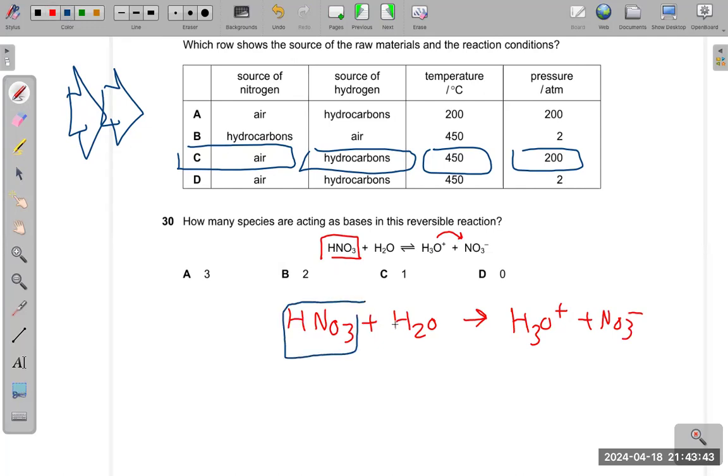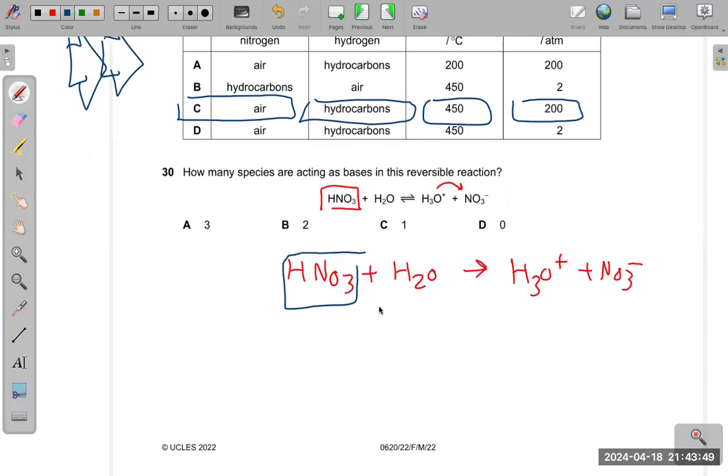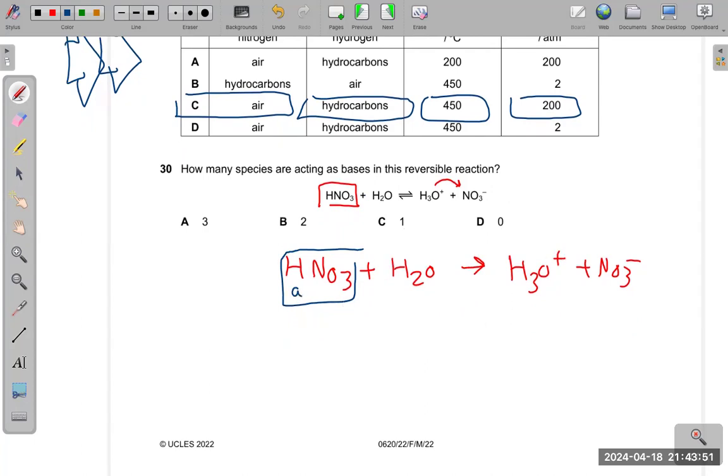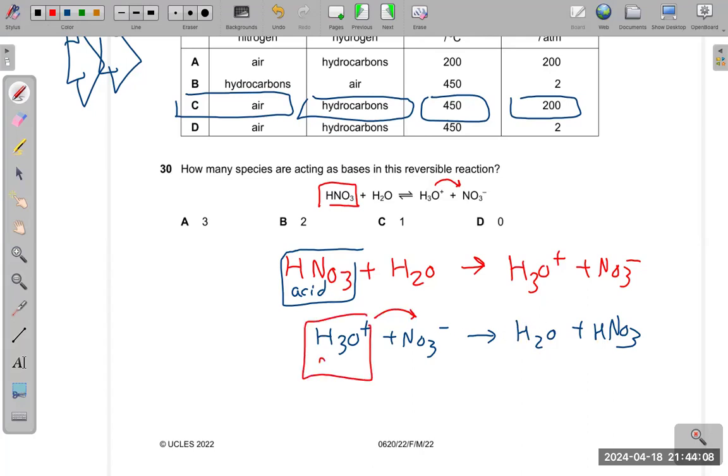It changed from HNO3 to NO3-. So this is the acid. If I write the equation in reverse, H3O+ and NO3- give me H2O and HNO3. Who lost the proton this time? The H3O+, because it changed to H2O. So this is the acid now. This means I have two acids.